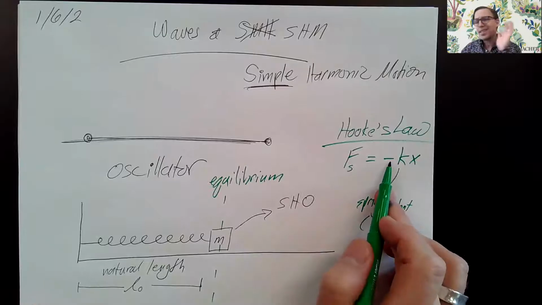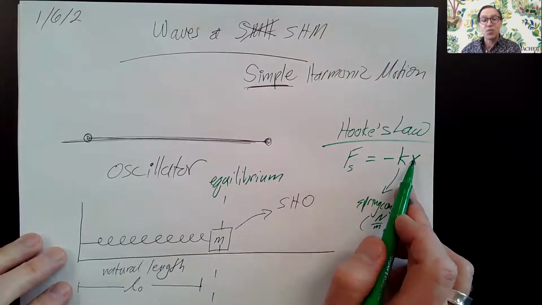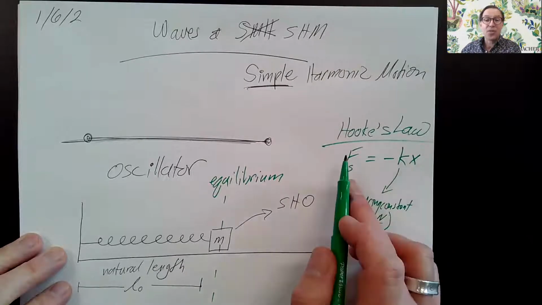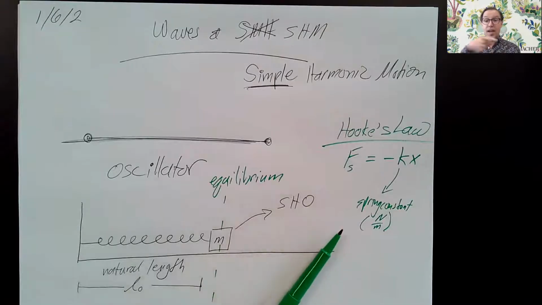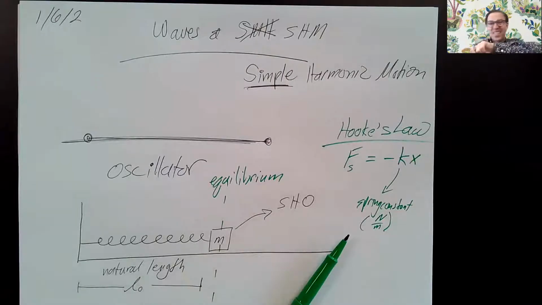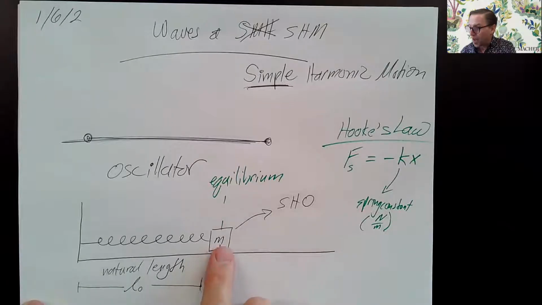The minus sign isn't saying that the forces are negative. What the minus sign is saying is that the direction of X and the direction of the force are opposite. So if X points to the right, F points to the left, and vice versa. X and F never point in the same direction. They always point in opposite directions. So when I displace the block to the right, X is positive.